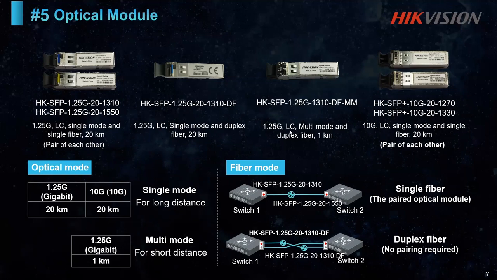We also have the 1.25G LC connectors with duplex fiber, for the 1 km range. And we also have single mode single fiber 20 km with 10G capacity. So as per your requirement, you can select the optical modules when placing the order for switches.